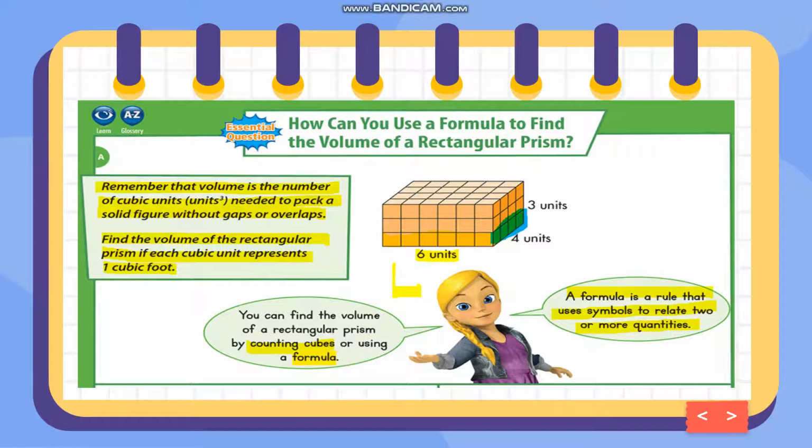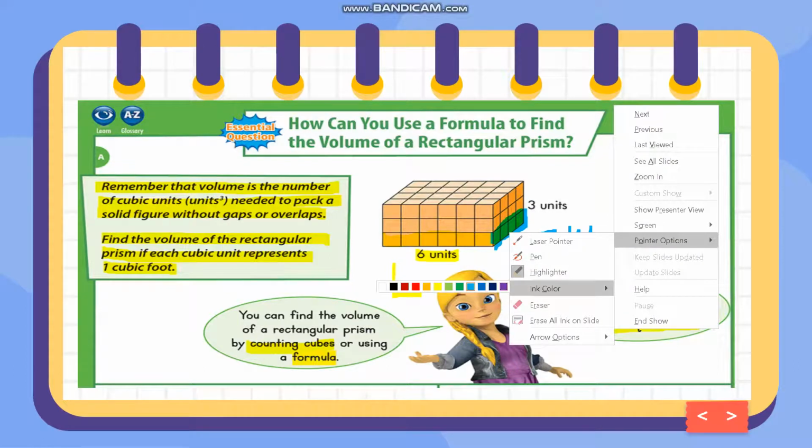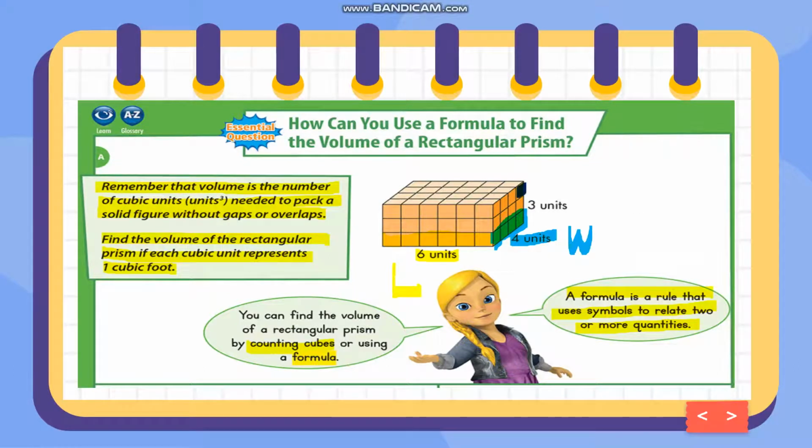How many cubes do I have? 1, 2, 3, 4. That is equivalent to 4 units, and that is my width. And your height is equivalent to this one: 1, 2, 3. That's why I have 3 units there, and that is equivalent to my height.